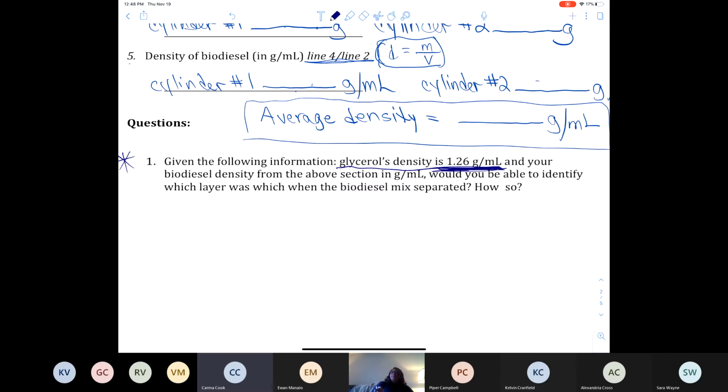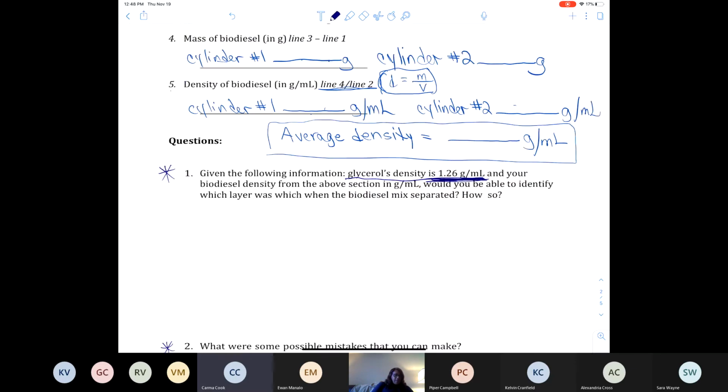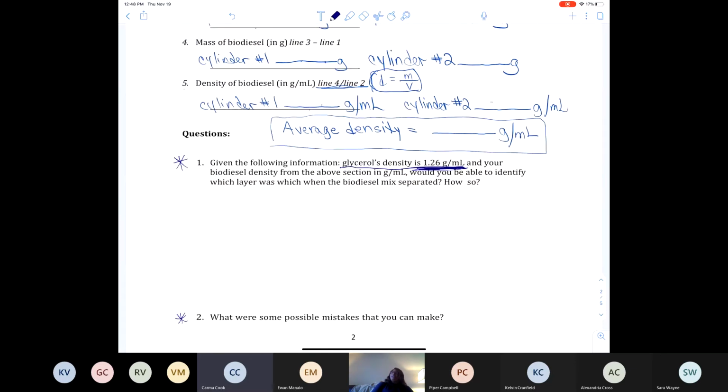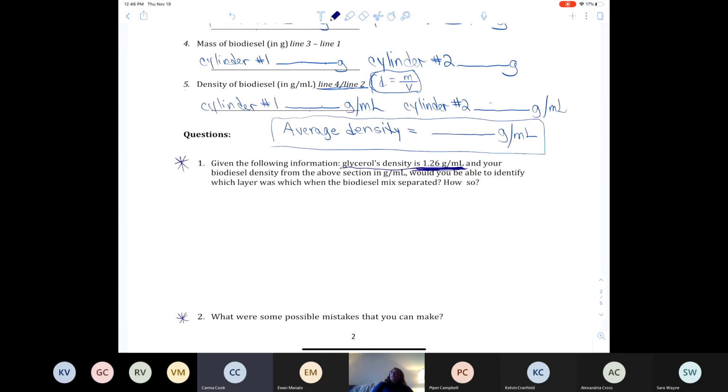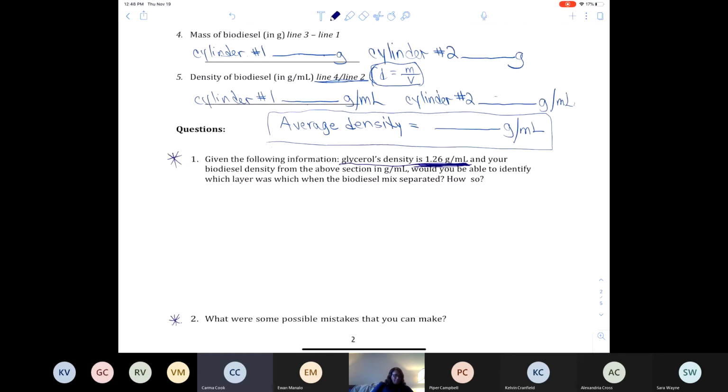The lighter density liquid should be the top layer. So that's how you would answer question 1. Yes, you would be able to identify which layer is which by knowing the densities of the two liquids that make up each layer.